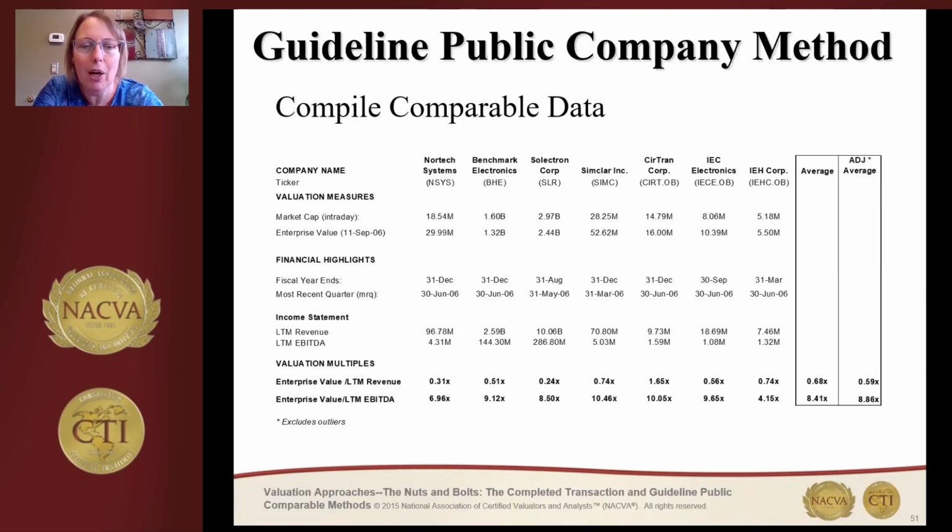Do you see that? 0.31, 0.5, 0.24, 0.74, and then we have 1.65, and then 0.56 and 0.74. So we're throwing out the one that really doesn't make sense and coming up with a new adjusted average. So take out any outliers, and in the outliers, again, this is an evaluator decision. You have to be able to look at the data and make decisions and decide how we're going to do something.